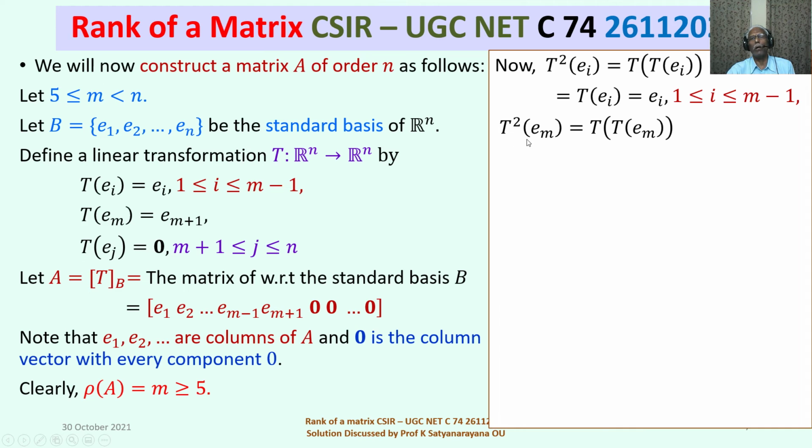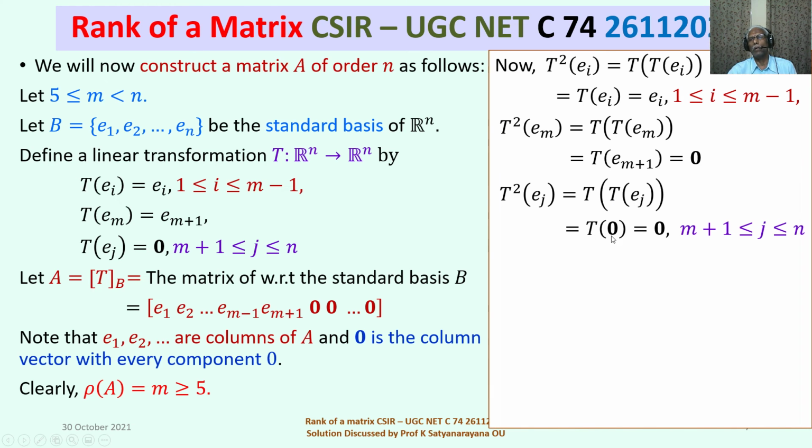And T squared of e_m is T of T(e_m). T(e_m) is e_{m+1}, and T(e_{m+1}) is 0. And T squared of e_j will be T of T(e_j), that is T of 0, which is equal to 0 for j = m+1 to n.